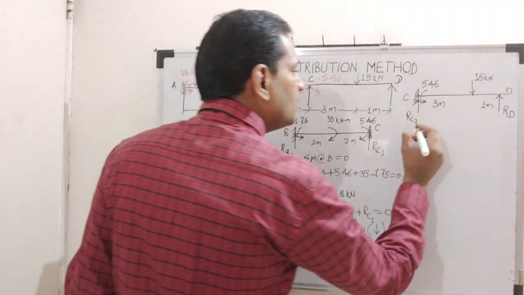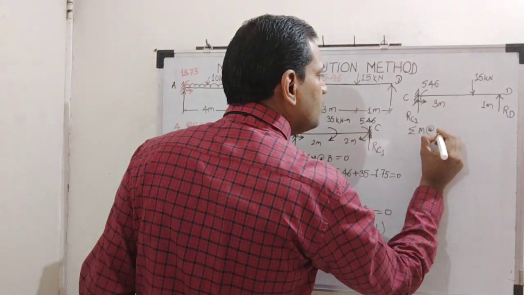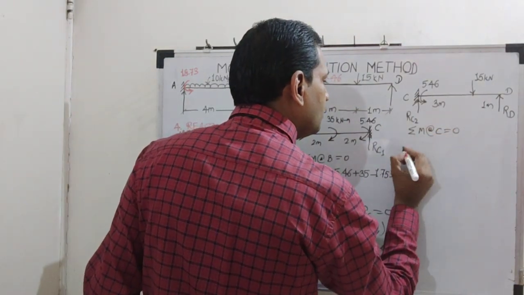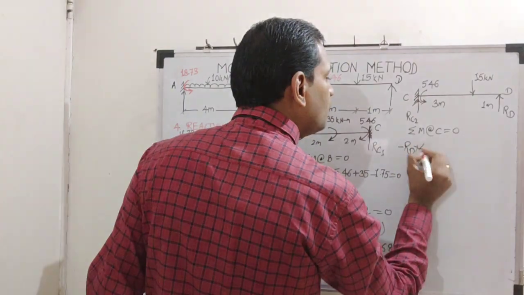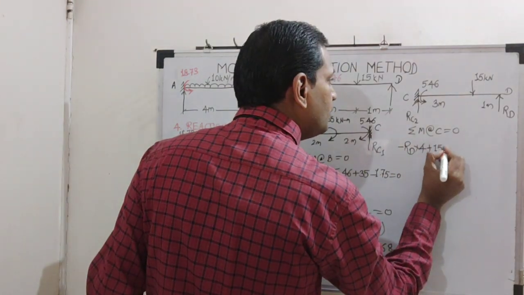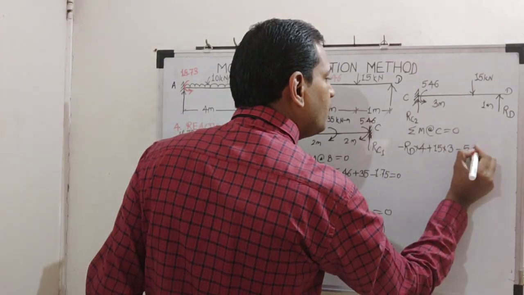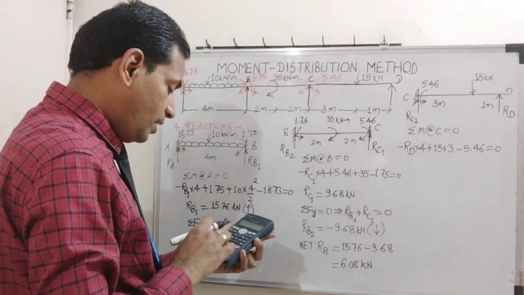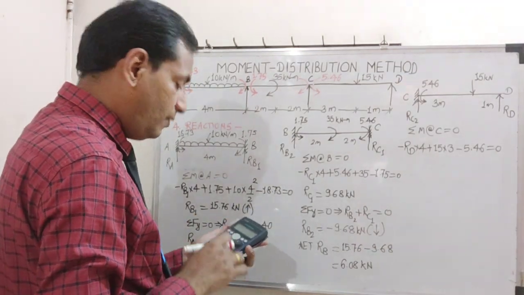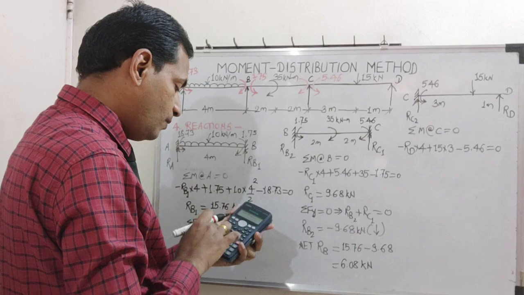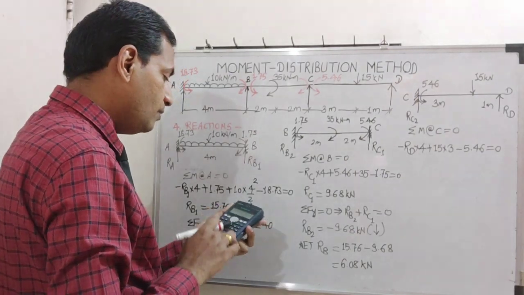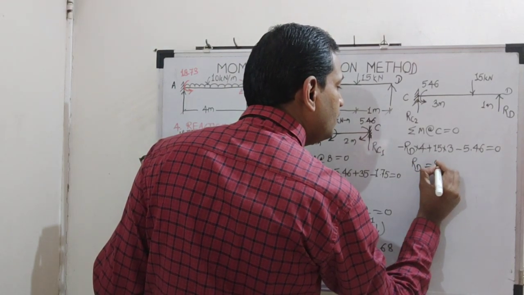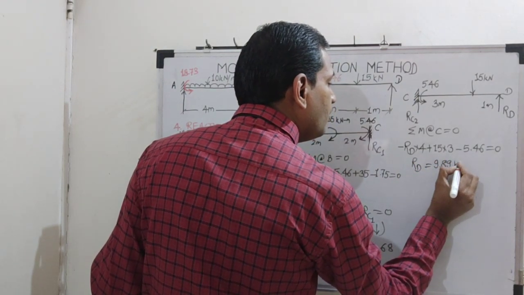So find summation of moment about joint C. So minus RD into 4 plus 15 into 3 minus 5.46 is equal to 0. So calculate 15 into 3, 45 minus 5.46, totally divided by 4. So it is 9.89. RD is equal to 9.89 kilonewton.